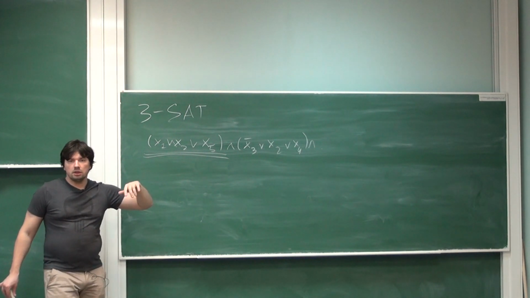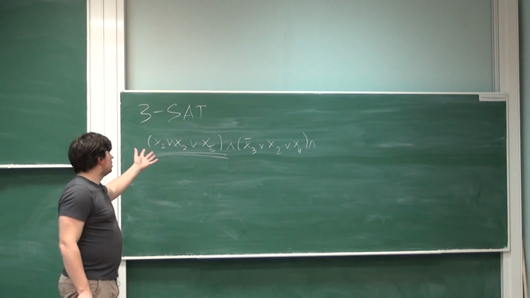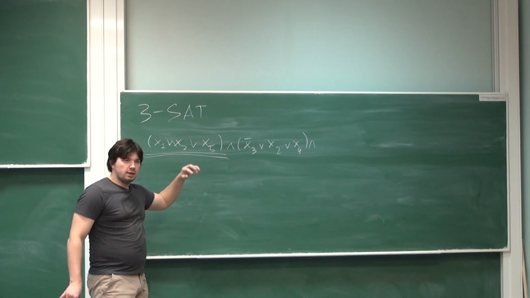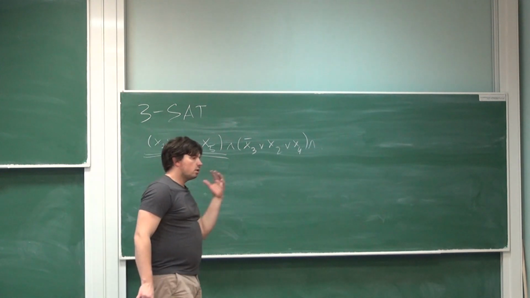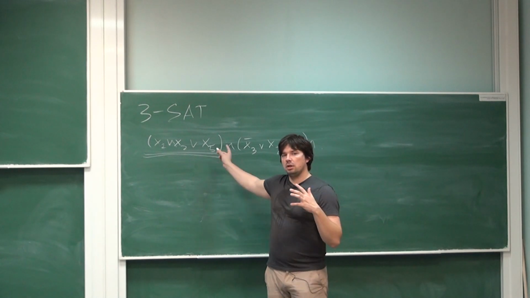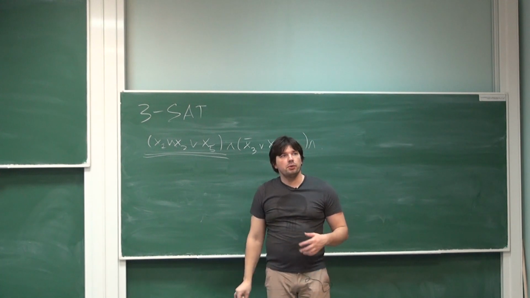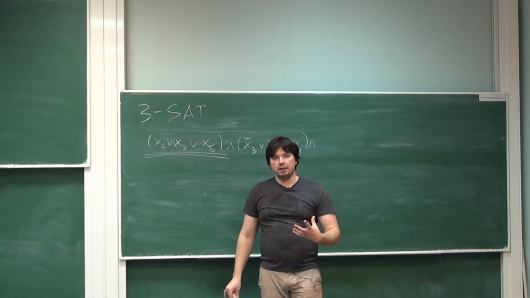So if I take this clause, instead of going through 8 possible combinations of true or false for those 3 variables, I can go through 7 feasible combinations, right?